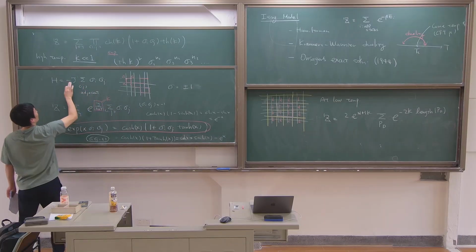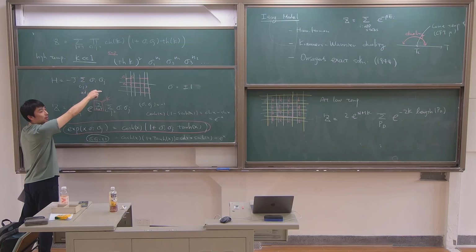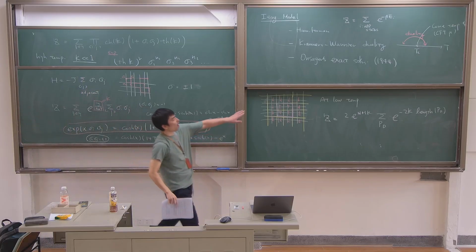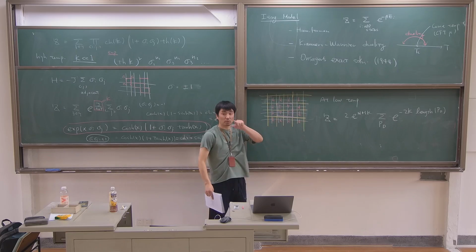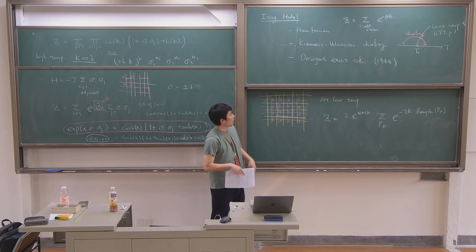We forget about the minus J because it is absorbed in K. So this sum becomes negative 1, and all the other parts are plus 1 because they are aligned.